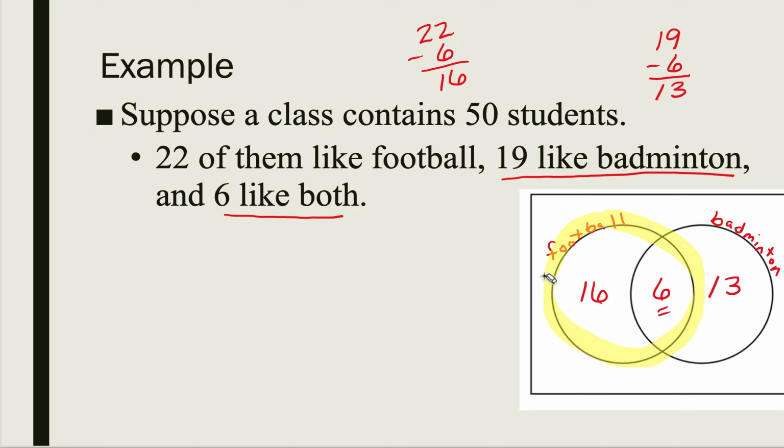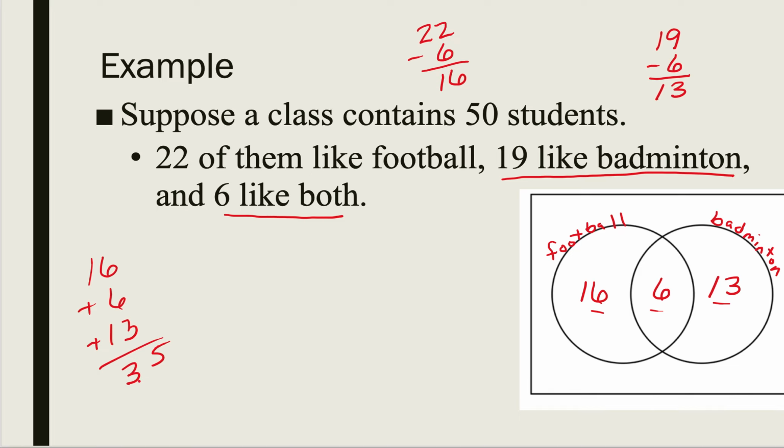All right, and then the final thing that I need to look at is the fact that we have 50 students altogether. So I need to be sure that all 50 students are accounted for. Looking at my Venn diagram, I'm going to add up these 3 numbers. 16 plus 6 plus 13 gives me 35.